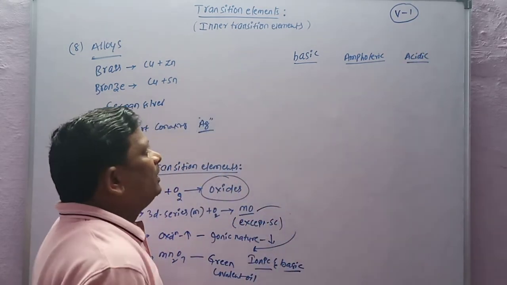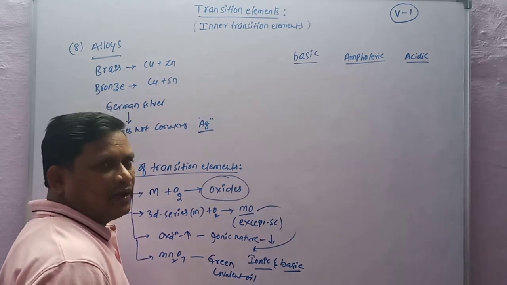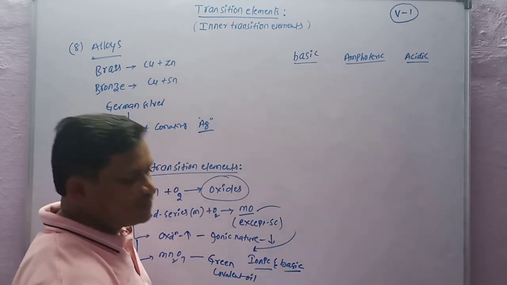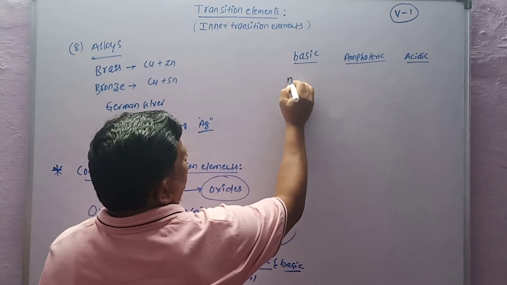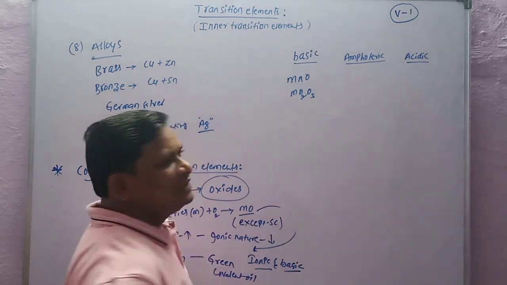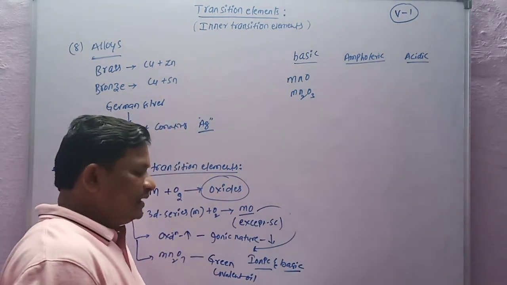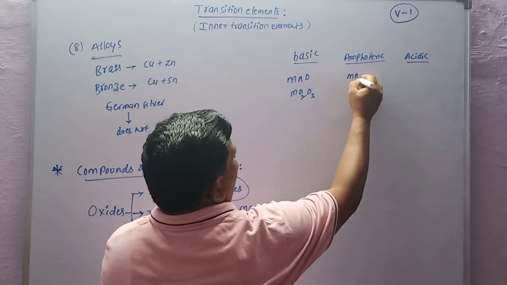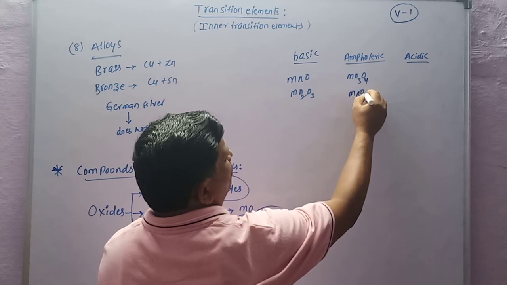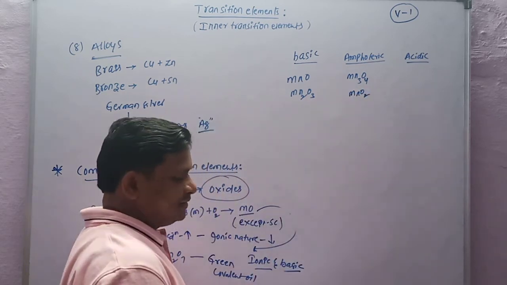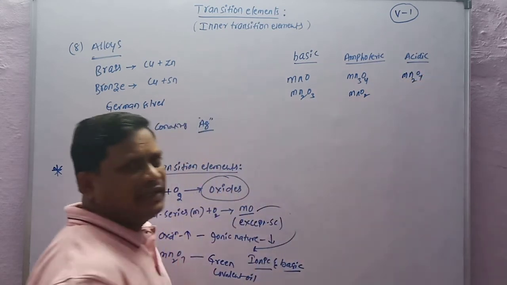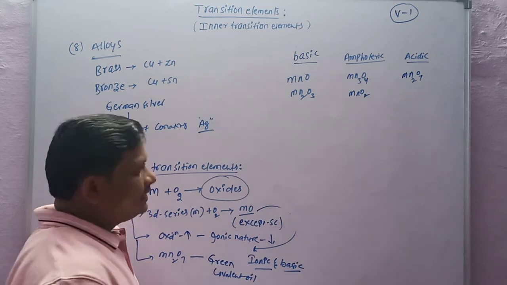Basic oxides on hydrolysis give the corresponding bases. For example, MnO and Mn2O3, these are basic oxides. Mn3O4 and MnO2 are amphoteric in nature. Mn2O7 is acidic in nature.